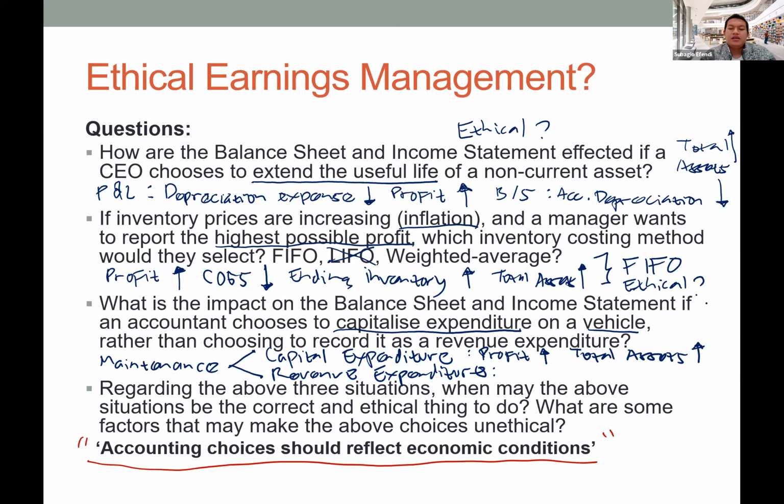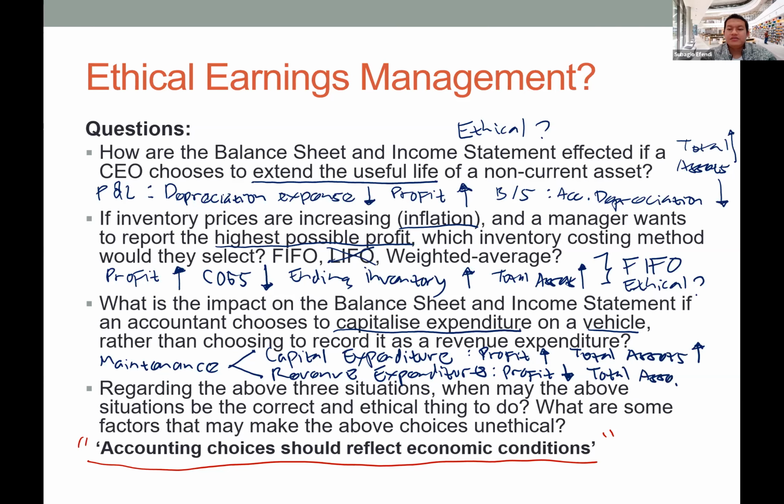And then if they choose revenue expenditure, they will have maintenance expense in the debit, cash in the credit. So they will report a lower profit because now they have additional maintenance expense reported in the profit and loss, right? The profit will be lower and the total asset will be unchanged.